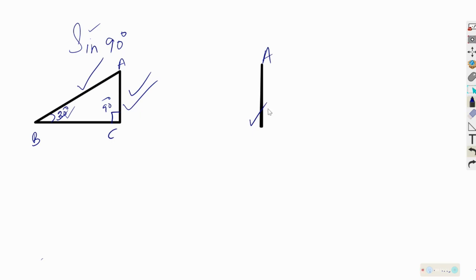The name of the triangle will be again A, C, B, and if I substitute sine 90, I have to calculate sine 90. What is sine 30 in this case is AC upon AB. Sine 90 here, the 30 converted into 90, that also will become AC upon AB. But AC has become equal to AB.